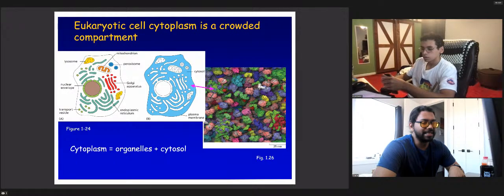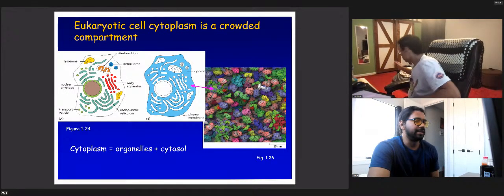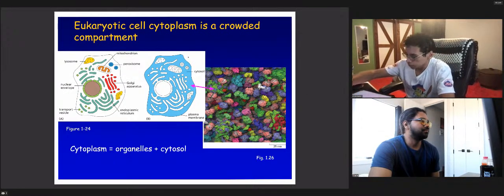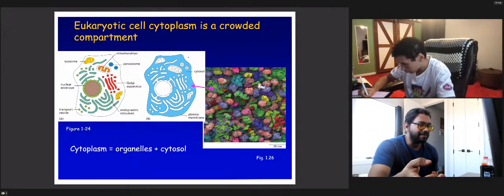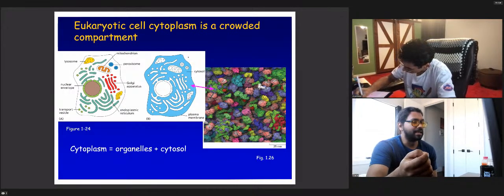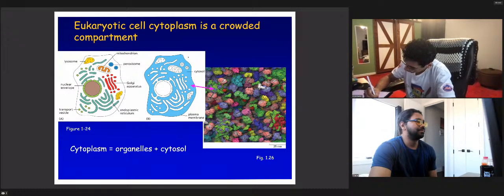Usually they would talk about cytoplasm, and the cytoplasm is just the cytosol, including the organelles as well. Okay, so cytosol is organelles. Oh no, cytosol is just the stuff that's inside of the cell, and cytoplasm is the cytosol in addition to the organelles, so pretty much everything inside. Oh, okay. So cytoplasm is everything inside.